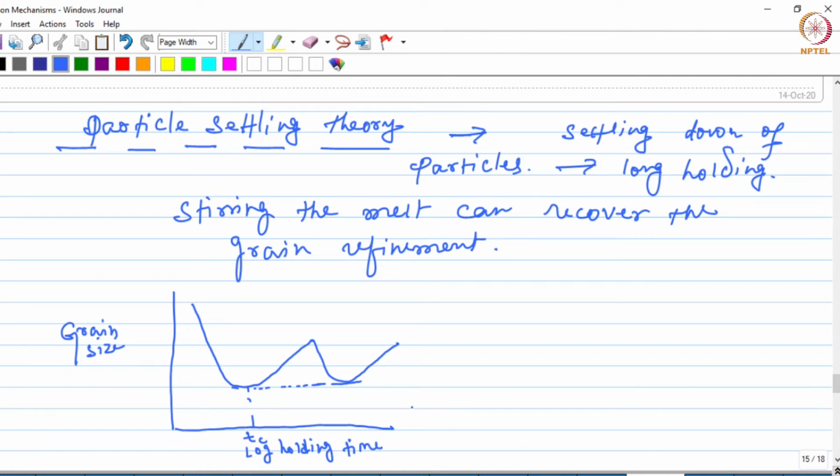So here Tc is the contact time. That is the time elapsed between addition of the master alloy and casting.